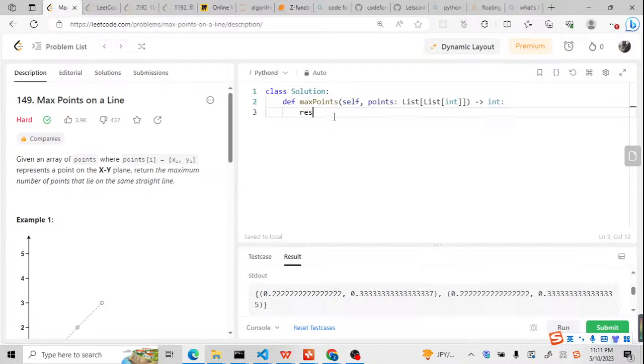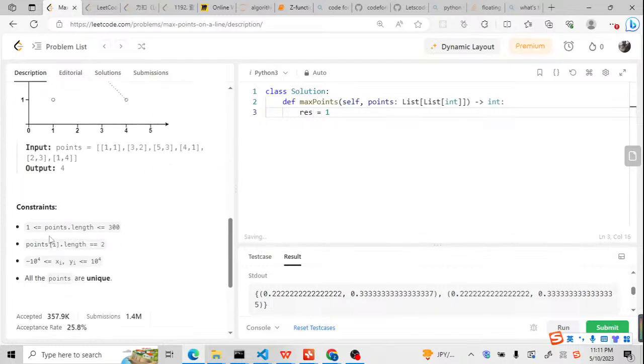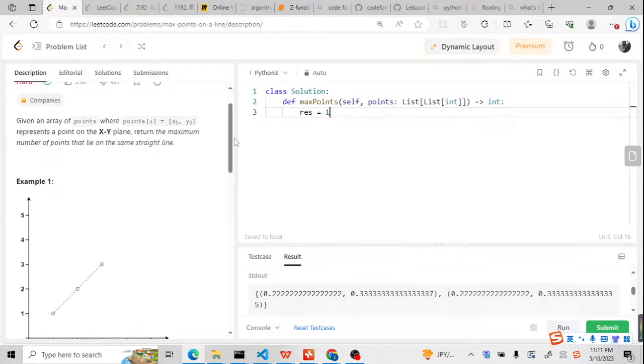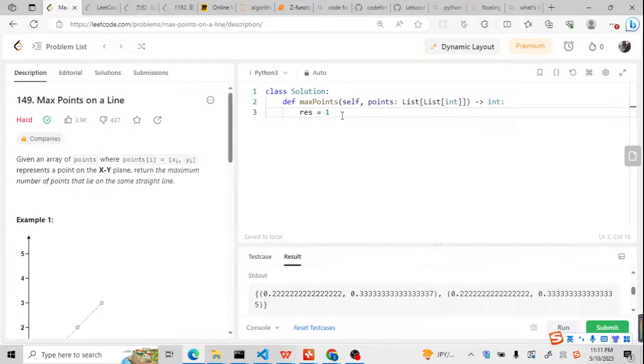So we need a result, and I'm going to define it as 1 because there will be at least 1 point. So the points length will be at least 1. Then I'm going to define another variable n. So n will be the length of the points.